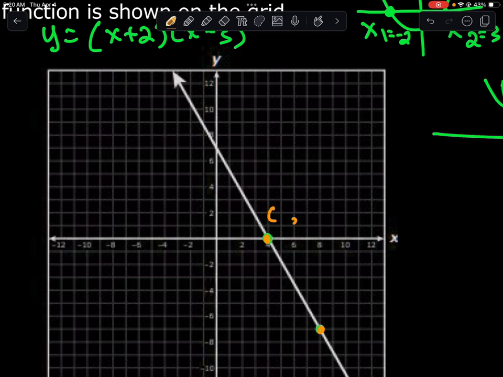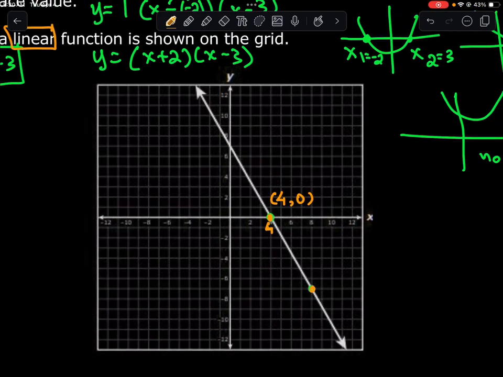X-intercept means y is 0 and it's at 4, so the x-intercept is 4. Now this point here, it's not the x-intercept. What is the x-coordinate? You can find it if I project on the x-axis. Looks like it's 8.